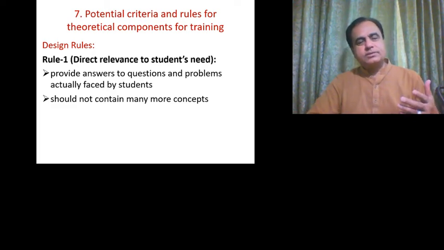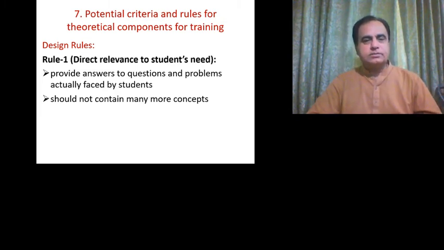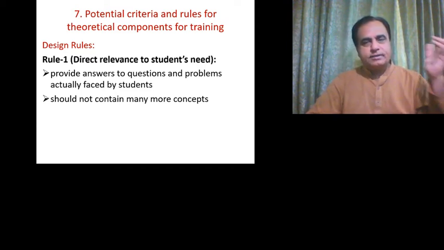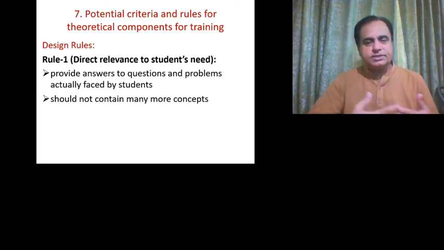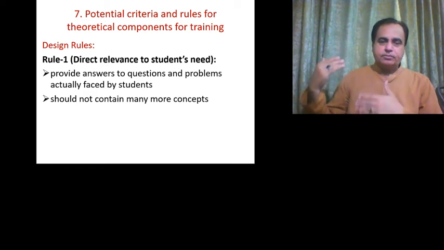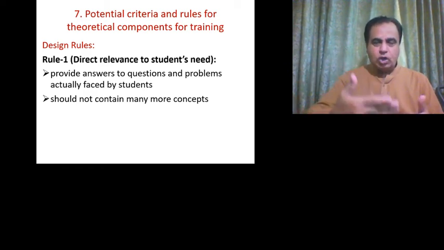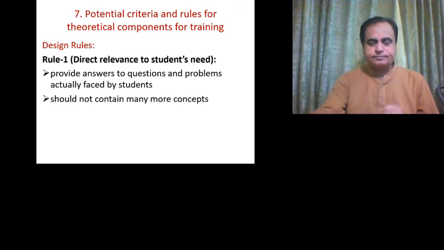A teacher should not teach a complete theory, let's say the theory of shifts, in an isolated way, where the students cannot relate to the details of that. Rather, when they are doing the translation, the theoretical component or parts of that theory can be taught in between.